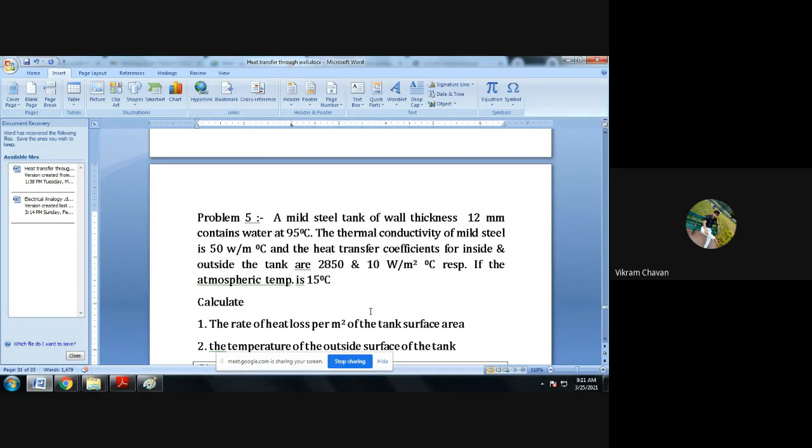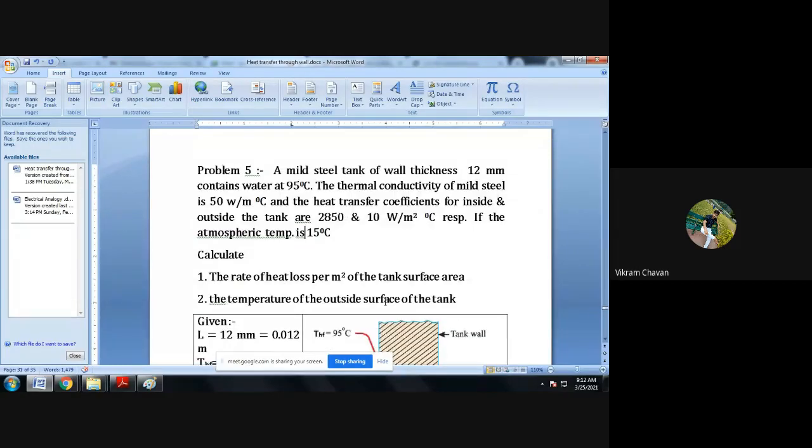If the atmospheric temperature is 15 degrees Celsius, calculate the rate of heat loss per meter square of the tank surface area.